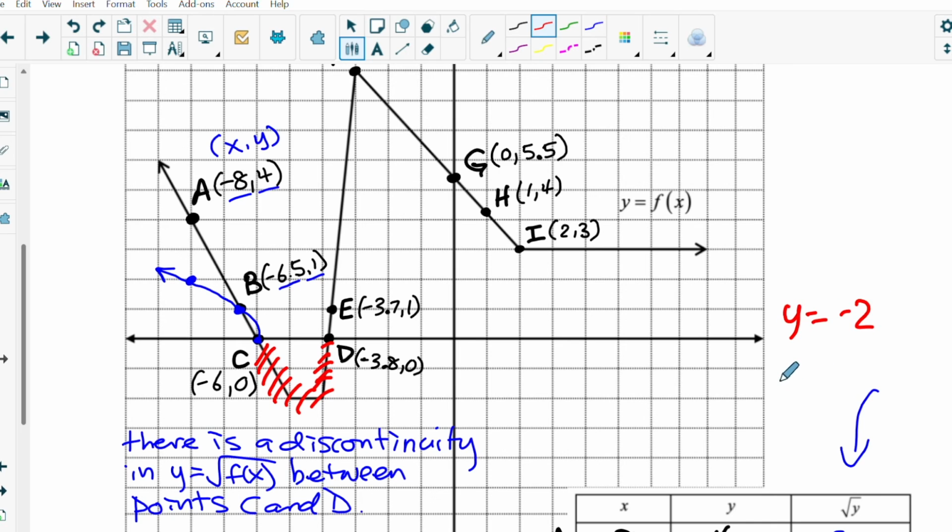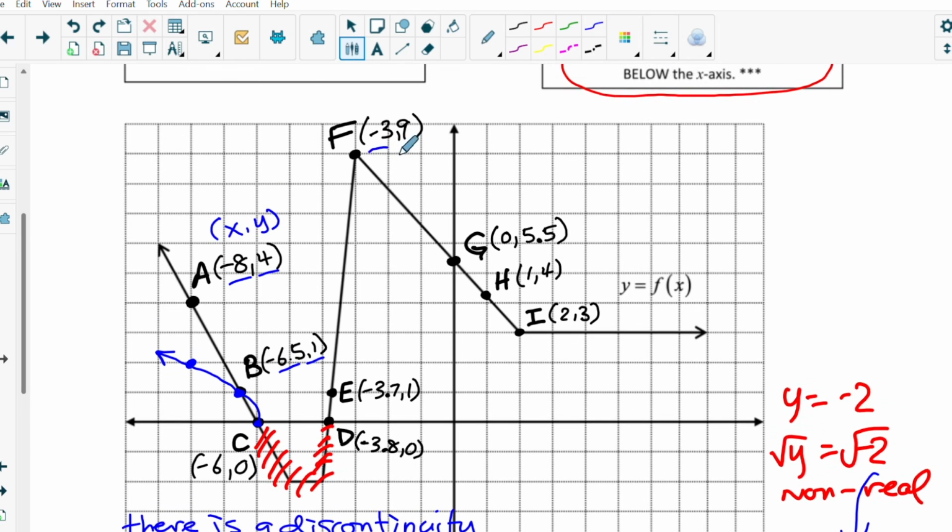So if y equals -2, well, the square root of y equals square root of -2. Well, that's non-real answers, right? Non-real. That's why there's a discontinuity. All right, let's keep going.